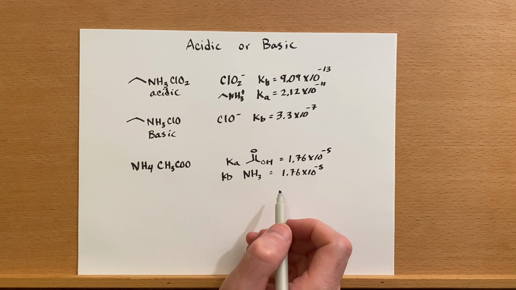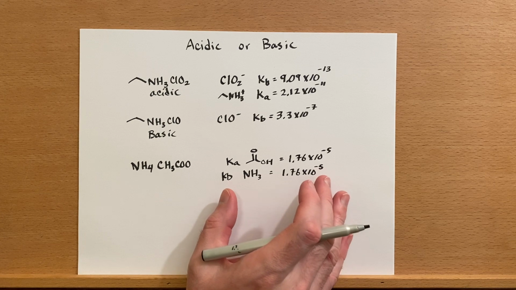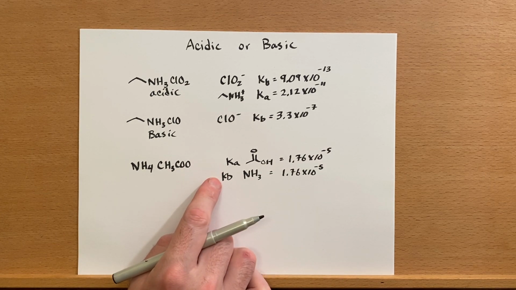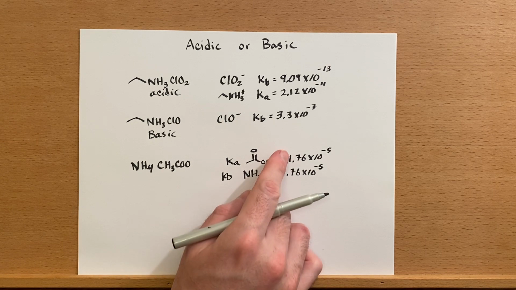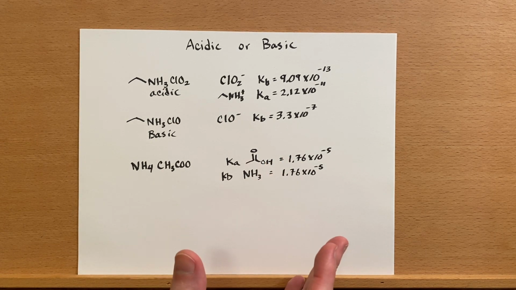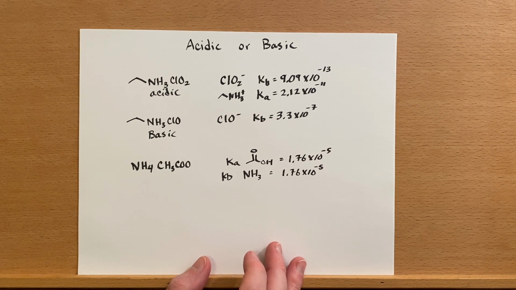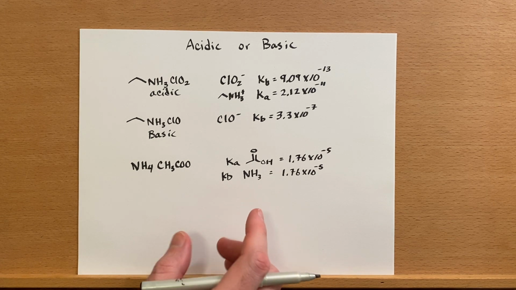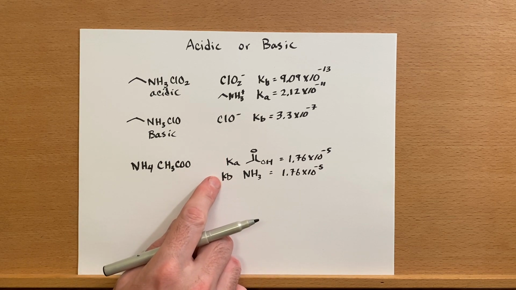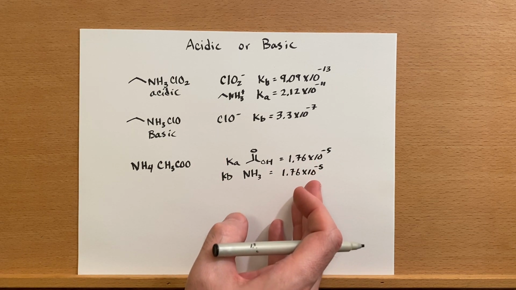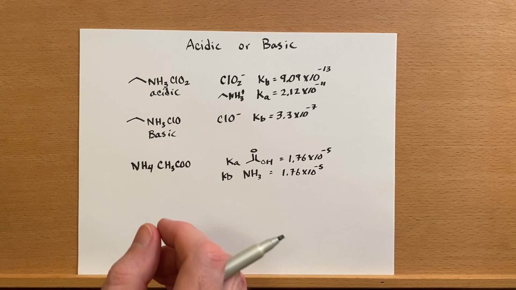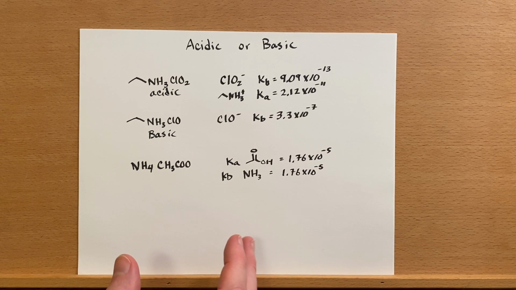Now, we can convert these, this one to Kb and that one to Ka, but since they both have the same value, we already know that the response should be the same value for Kb and Ka for the respective thing. Of course, it won't be 1.76 times 10 to the minus 5. It'll be something times 10 to the minus 10. But those values will be the same.